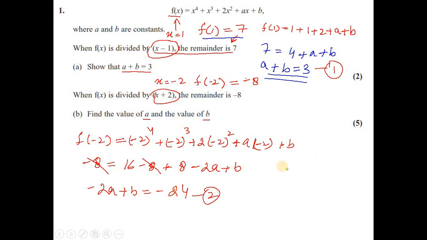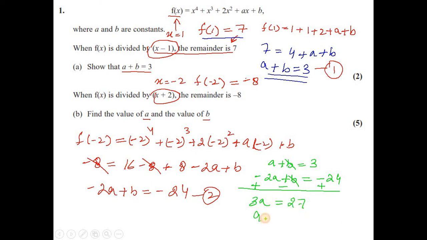You need to change the signs. So a plus 2a is now 3a, b are gone. So 3 plus 24 is equal to 27, and clearly a is equal to 9.